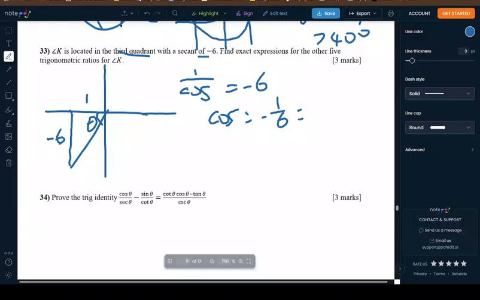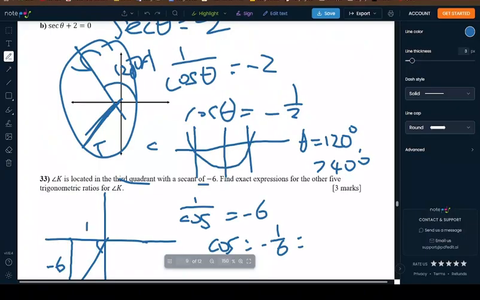Alright, so Pythagorean theorem: 36 plus 1, so square root of 37. Well, no, it's hypotenuse. I'm so sorry, guys.